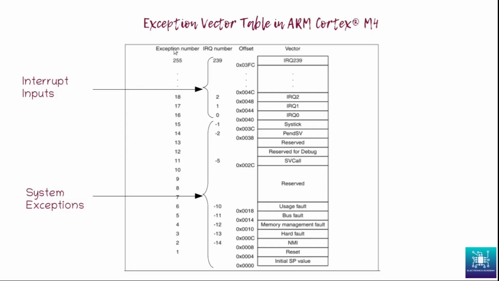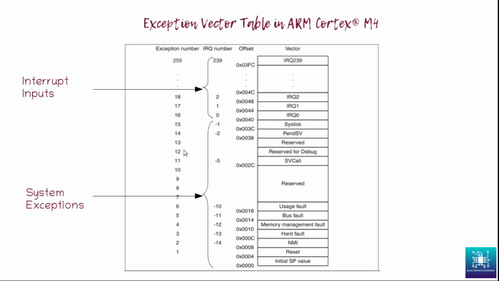And that register gives you the exception number, not the IRQ number. That register actually informs about all the exceptions, not only this. Though it's an SCB register, it talks about all the exceptions. So your system exceptions as well as interrupts are going to be depicted in that particular field.